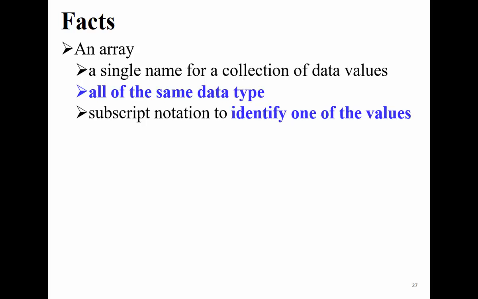Then you say, okay, I will put them in an array. In an array all the data types are the same. So you try to make them all sorted. You go to your room or your desk, you have all the books that are related to the current semester, and these books are related to the previous semesters. So you try to stack them all together on top of each other, so you can easily access them.